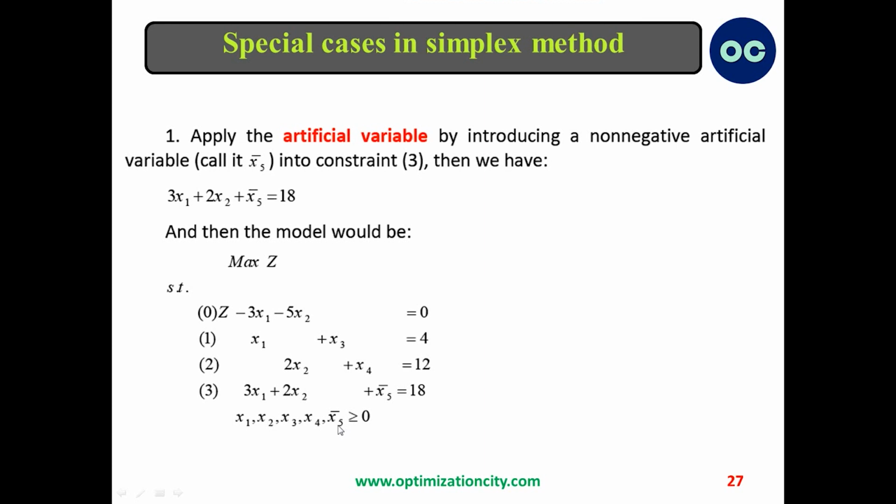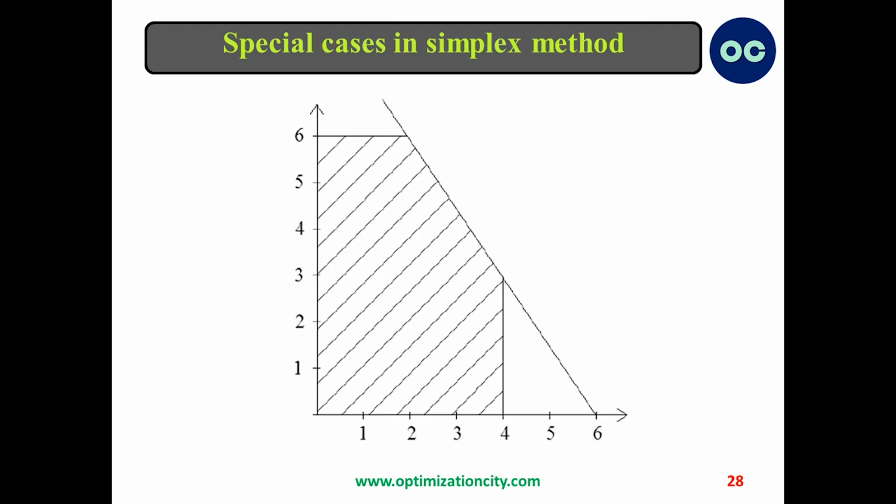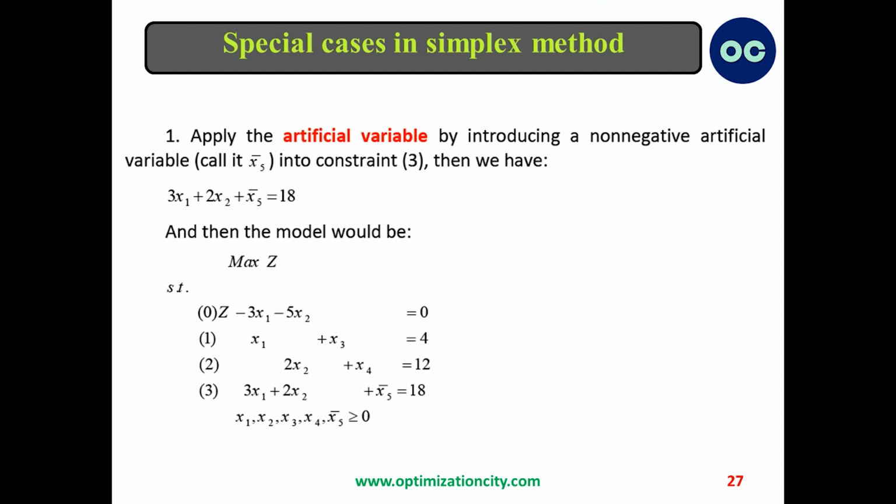So the new constraint will be here, and this model would be as follows. And you can see that the third constraint now has a basic variable. So what happened when you add an artificial variable x5 bar is that it increased the feasible region, which is similar to the figure below in the first model in the course. So surely it's completely different from this feasible region.